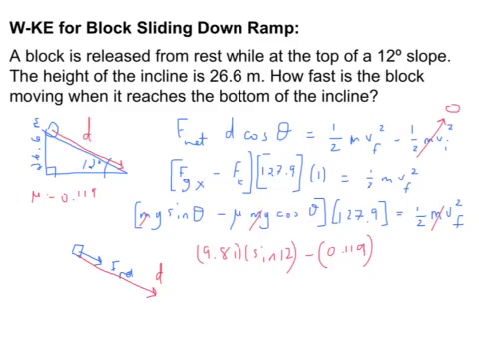And now we have 9.81 again, cos 12. And I'm running out of room, so I'm going to put d over here on the left. 127.9. And that whole mess equals 1/2 vf squared.